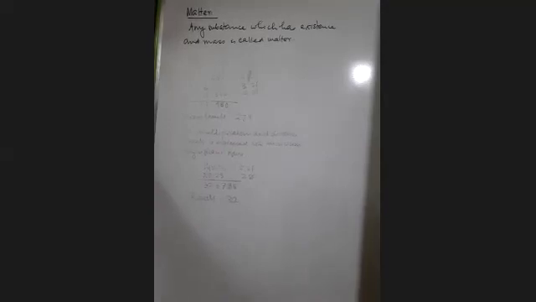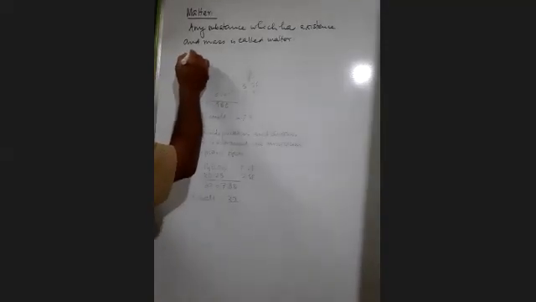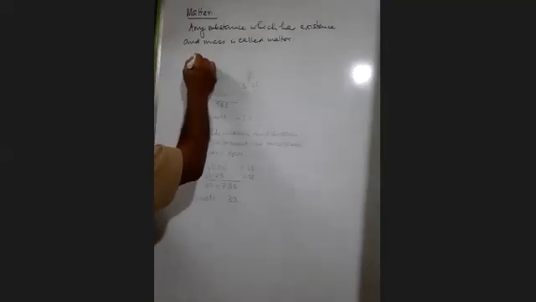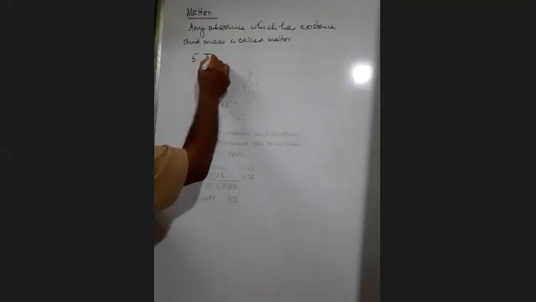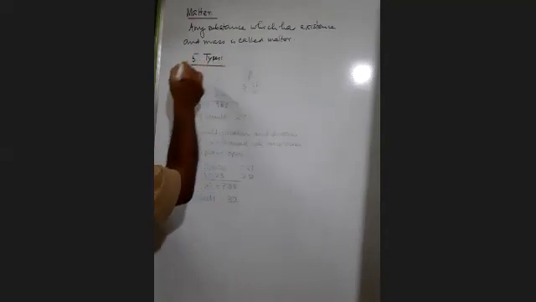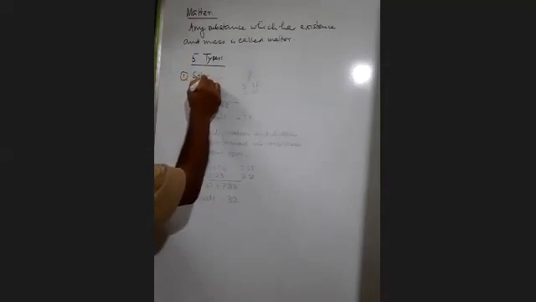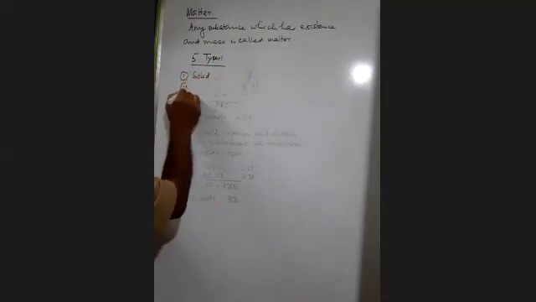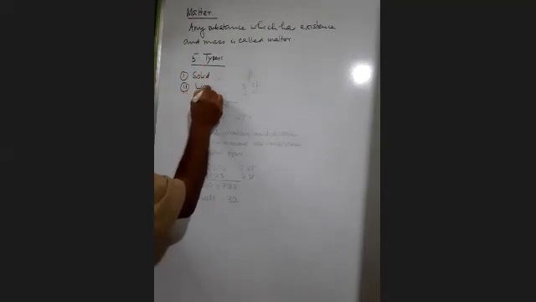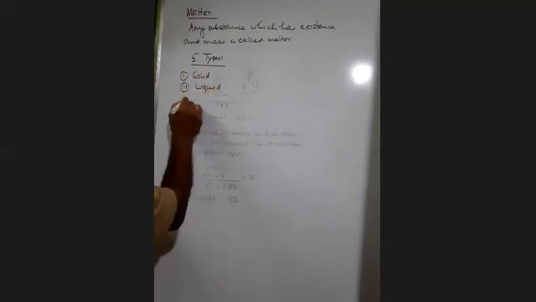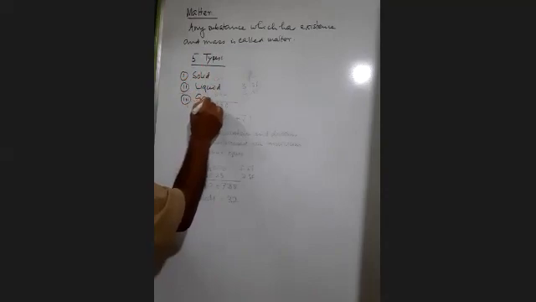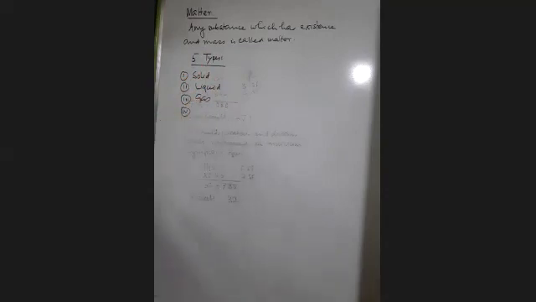Three. 5. 5 types are. 3 we are very frequent with it. Solid, liquid, gas. Then what is the 4th one?